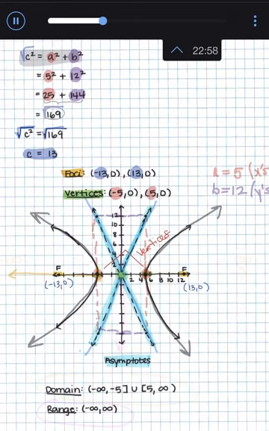Where does that stop? It's at negative 5. And then on the other side, it's going to pick up at the other vertex at positive 5, and we'll continue on forever towards positive infinity. So we have negative infinity to that first vertex, and then the second vertex towards positive infinity. That's our domain.